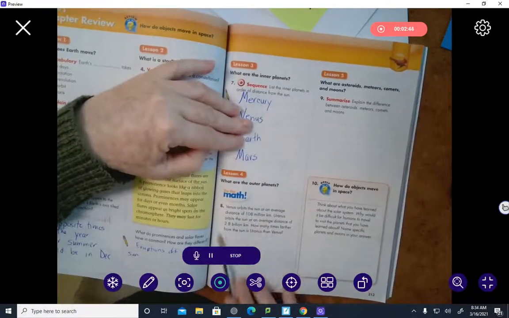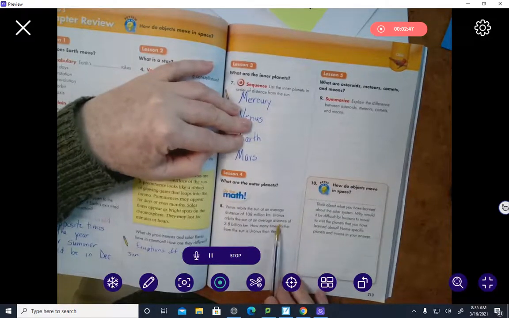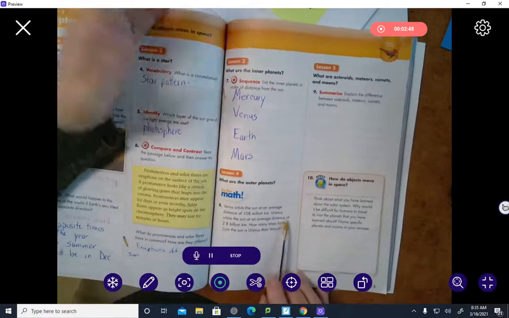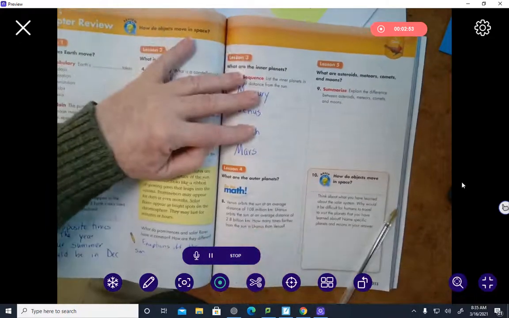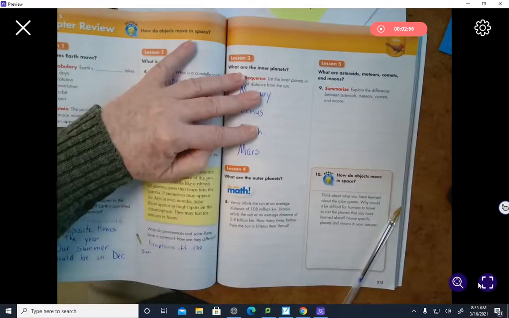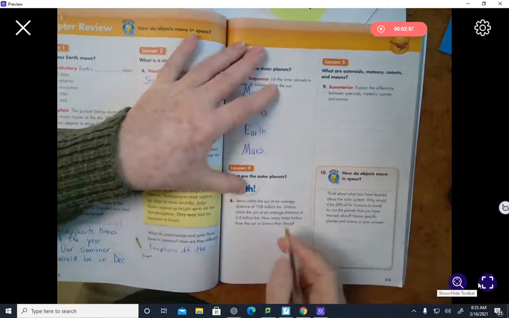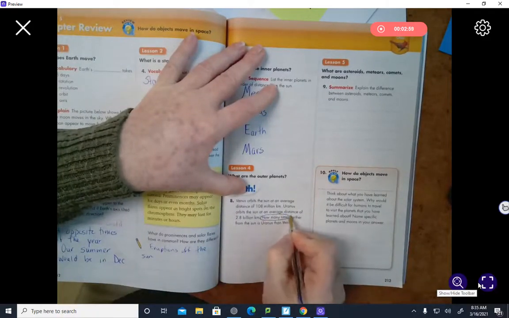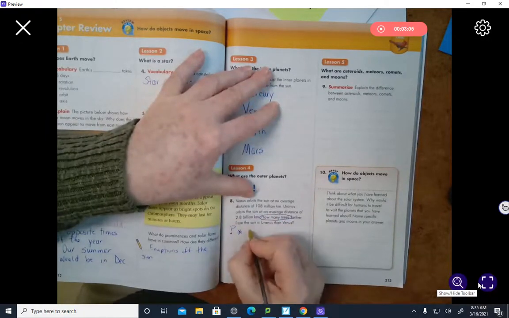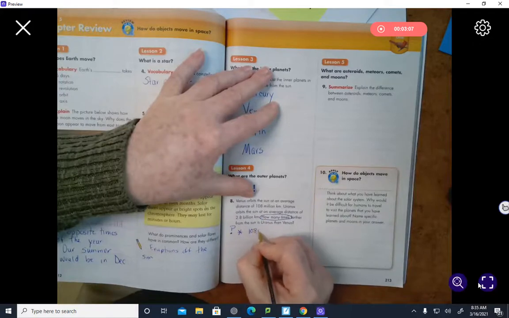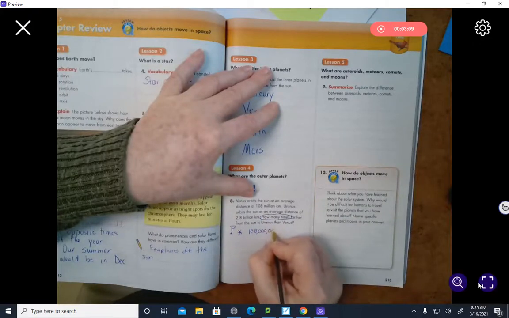I don't really think this covers it as well. They just talk about how far away Uranus is from Venus. If you wanted to know the right answer here, it asks you how many times farther. So they're asking you how many times farther is Venus, which is 108 million.